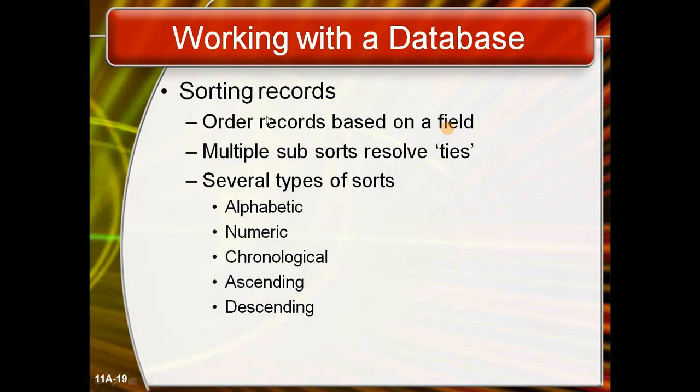Sorting records. Sorting allows you to order records based on a field. You know well how to sort any particular data. For example, if you use an Excel sheet, you will be able to sort the data according to age, distance, size, in many forms.